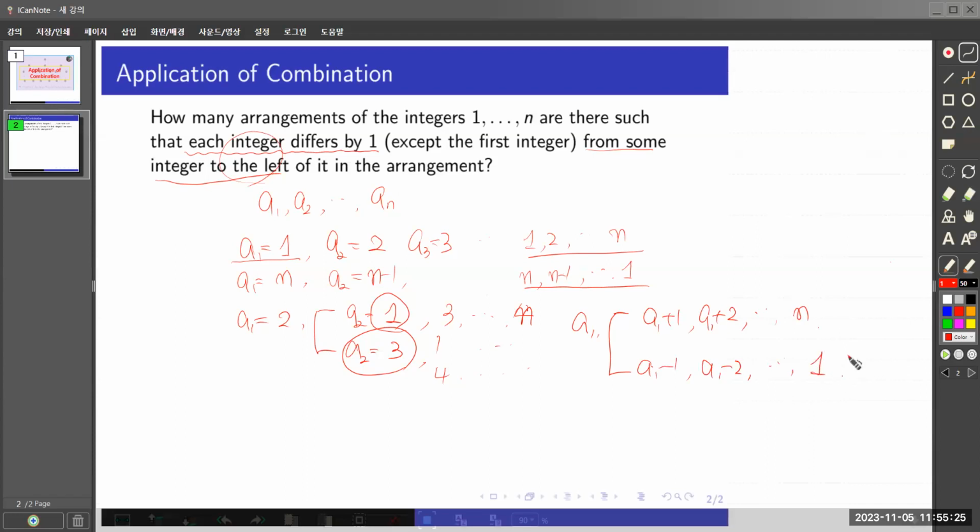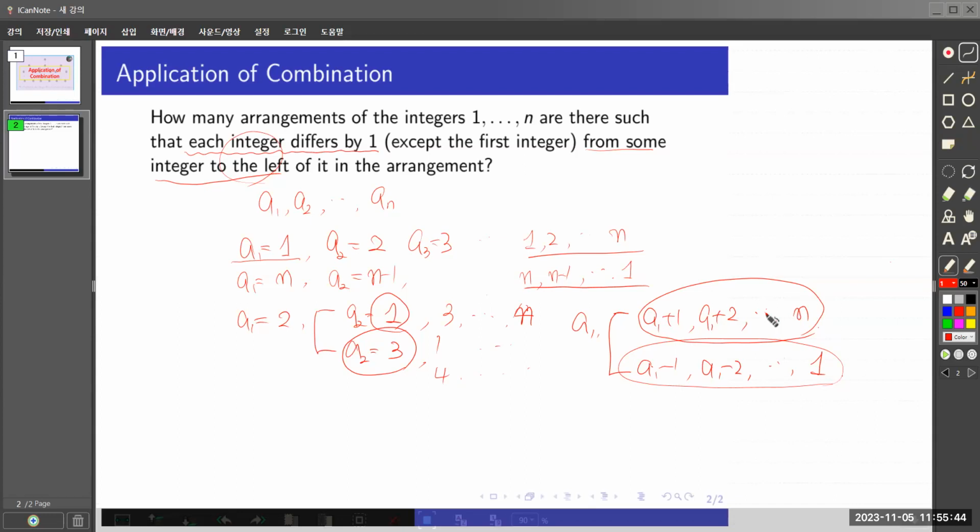If the positions for the decreasing sequence are determined, then the positions for the increasing sequence are automatically determined.